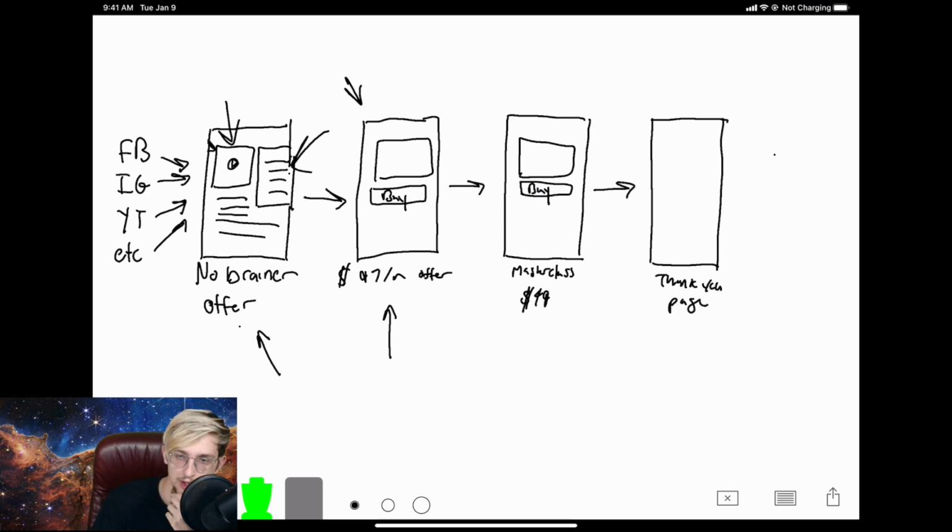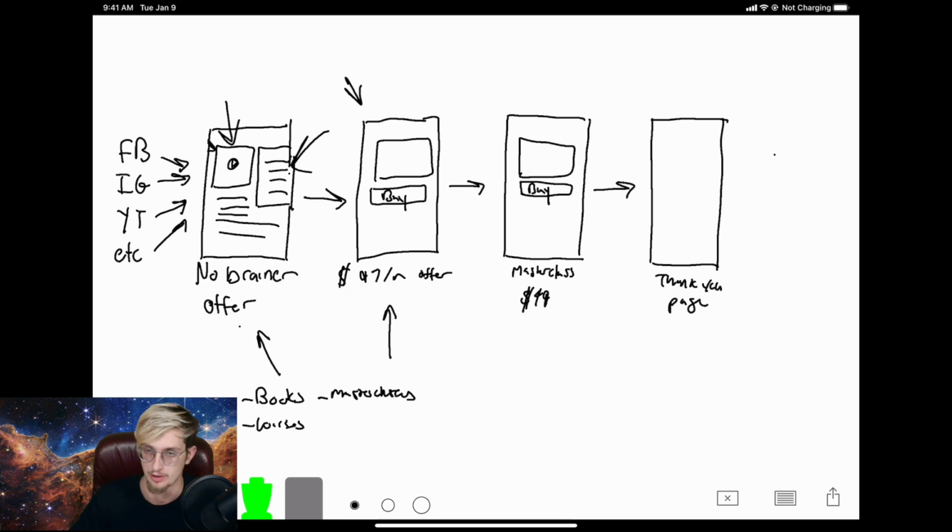So obviously that's going to be super niche dependent, but things like books or courses, or master classes, right? Anything that's going to provide a bunch of value, and give them genuine insights and be worth the $50 you're going to charge for it.